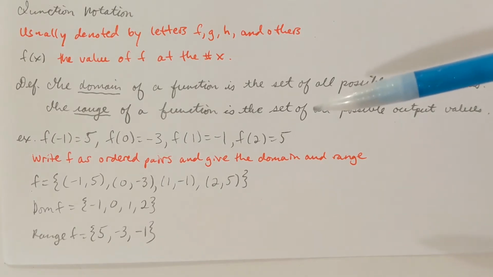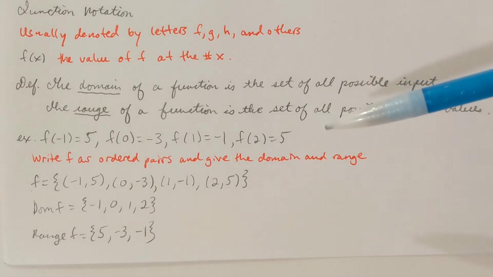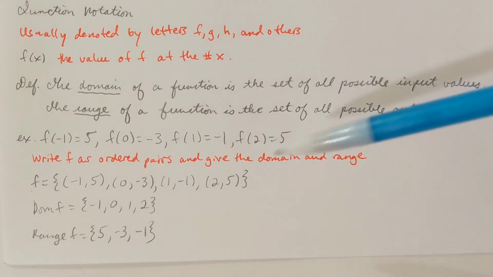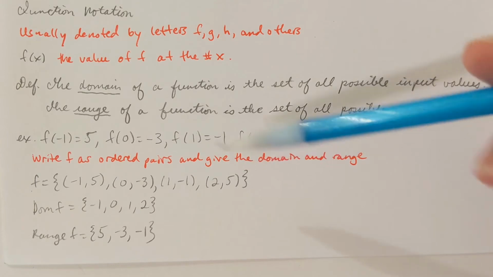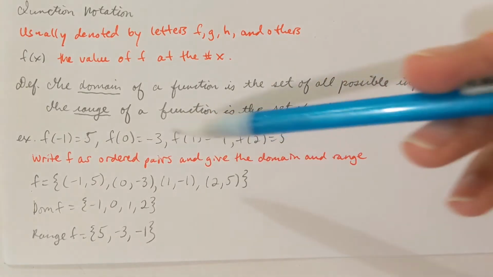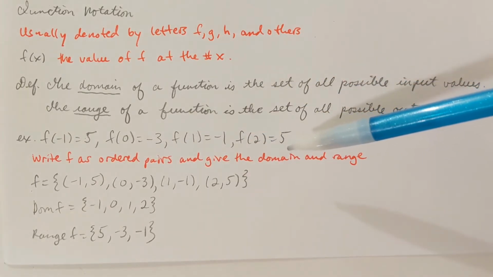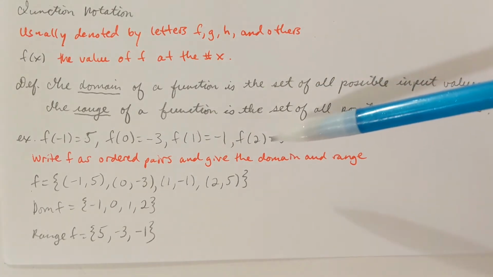Let's write f as ordered pairs and give the domain and range. F is a function, by the way, since each element of x is going to go to exactly one element of y. -1 and 2 go to exactly one element of y. They happen to go to the same one. That's okay.